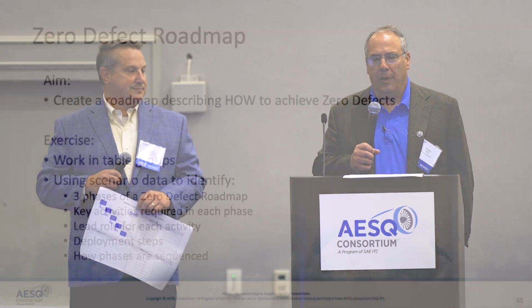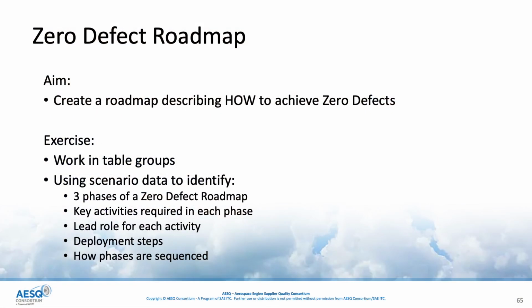And so on the tables, there are some worksheets that were placed there. And you'll see one sheet has a list of key activities that are part of the zero defect APQP journey. We're going to try to figure out, it's like a puzzle that we're going to build through 3 phases.